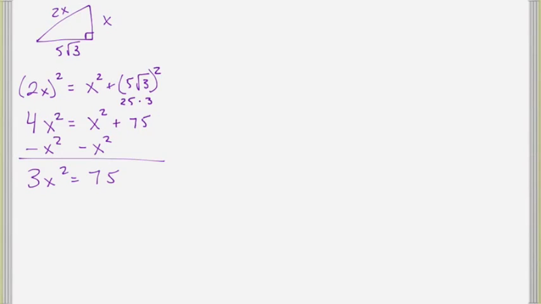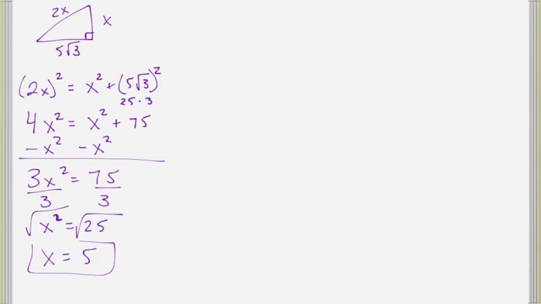Then what? And divide by 3. X squared is 25. And then we would square root. And I get x equals 5 because square root of 25 is a nice number.